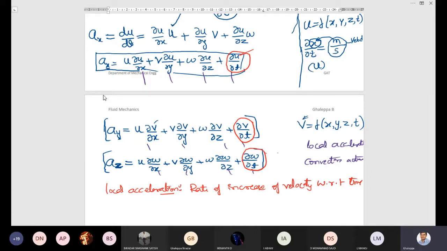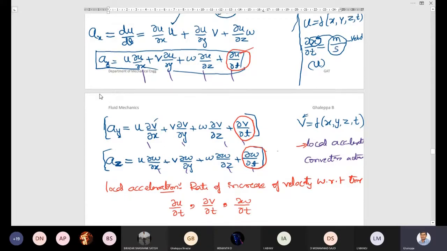And they may ask you to write the terms. So ∂u/∂t is local acceleration in x direction. ∂v/∂t is local acceleration in y direction. ∂w/∂t is local acceleration in z direction. That is, local acceleration is over. Then what is convective acceleration?